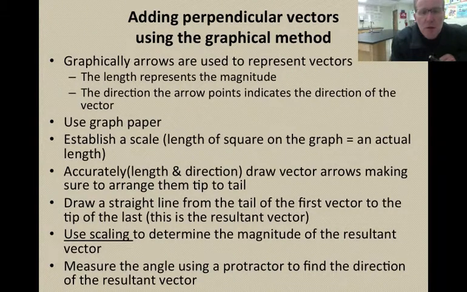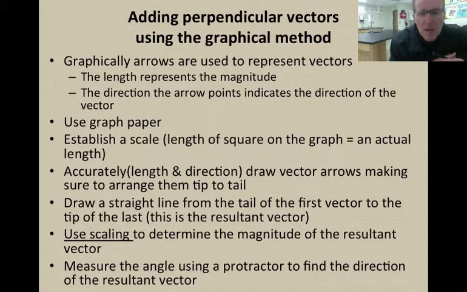Okay, let's go ahead and get going with adding perpendicular vectors using the graphical method. So here are the steps for how to do this. What I would do is pause the video and write these things down.